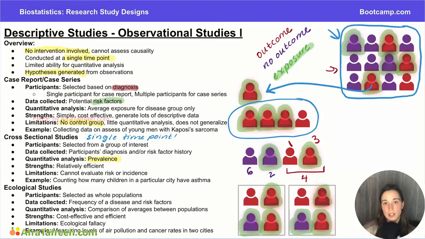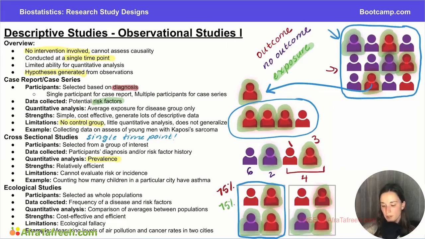In ecological studies, participants are selected as entire populations, and then the average value of one or more variables across entire populations is measured. So if we take our entire population here, we see that 75% of the people have the outcome of interest and 75% of the people have the exposure of interest. This is typically useful for quickly comparing 2 different populations.